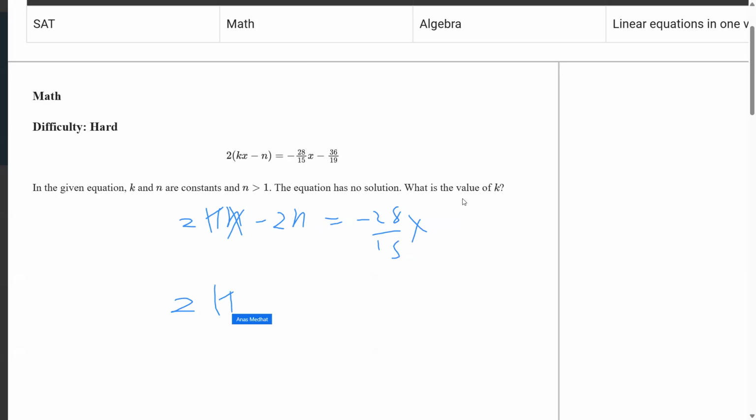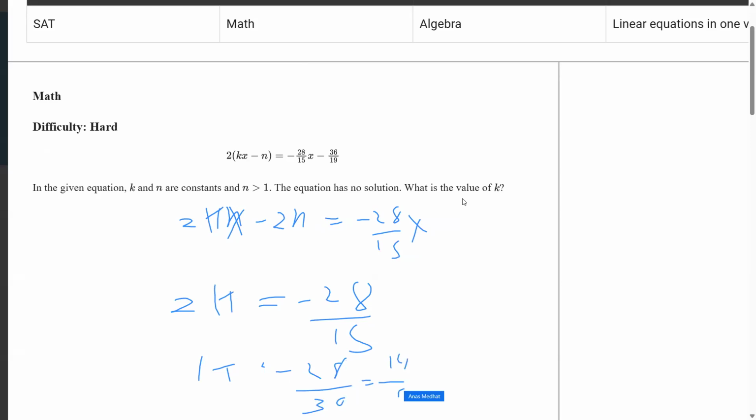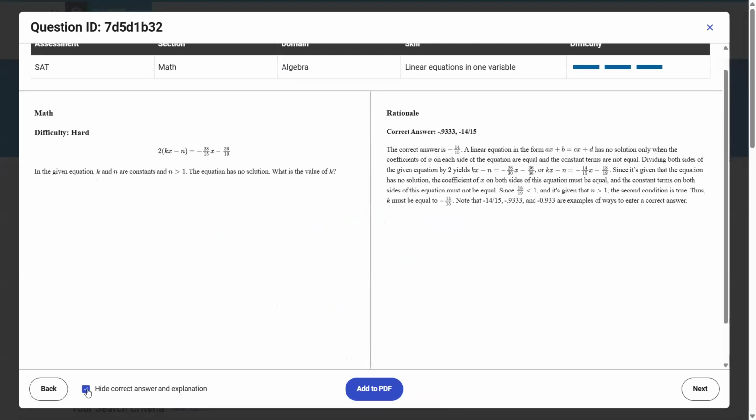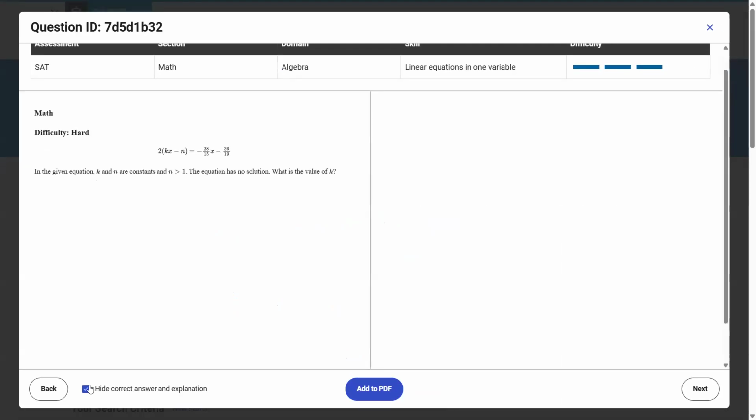Here we have minus 28 over 15. Just divide by 2 on both sides, you'll get minus 28 over 30, which is minus 14 over 15. So k is minus 14 over 15.